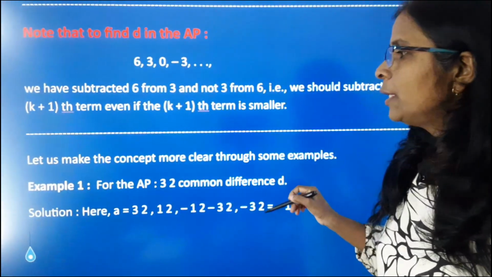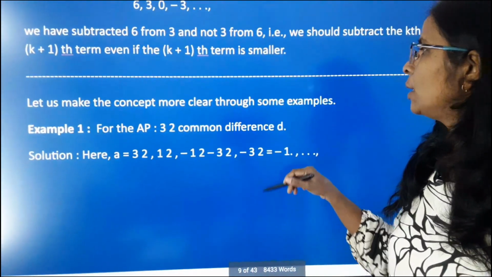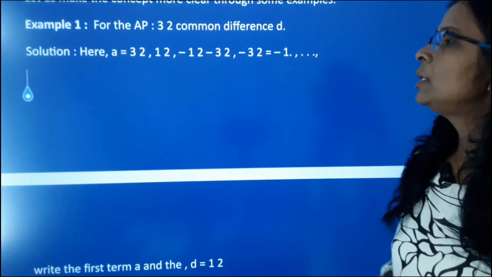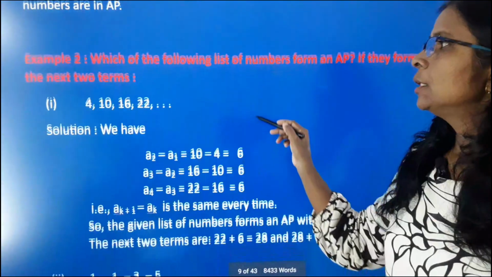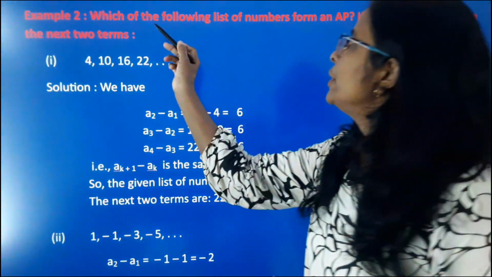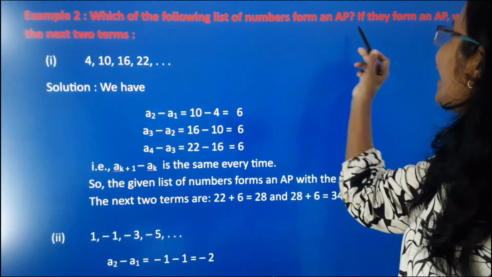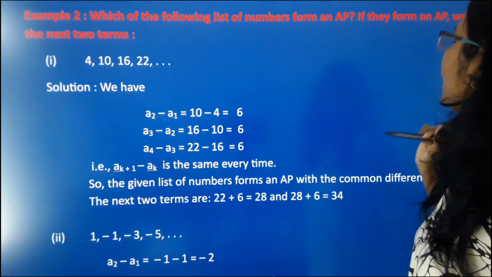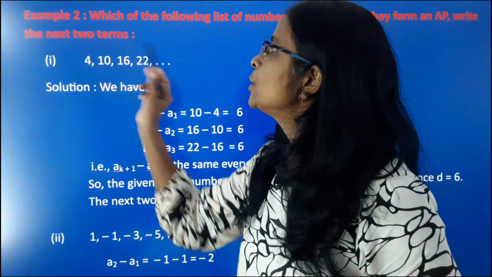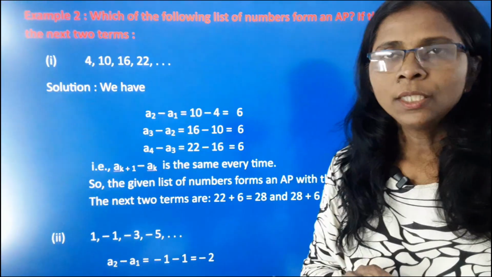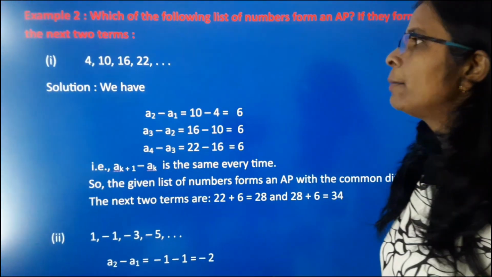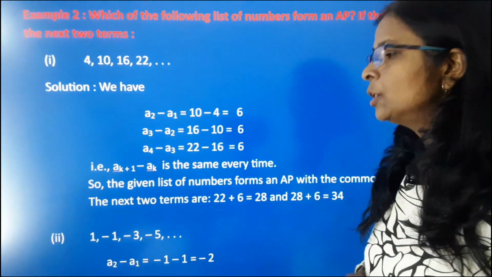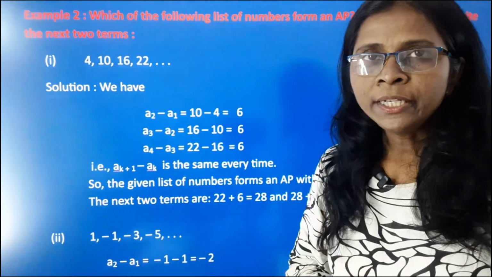Okay. Now let us make the concept clearer through some examples. So here the example is: which of the following lists of numbers form an AP? If they form an AP, write the next two terms. So here we have to find out whether it is in AP or not, and write down the first term and common difference.